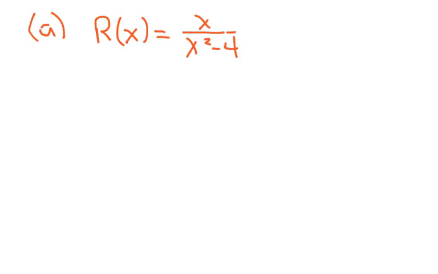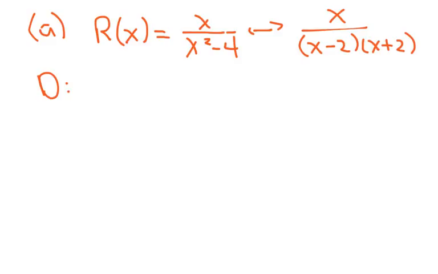Basically all we're doing for vertical, it's very simple, and you've been doing this several times, is we're going to find out what the denominator can't be. So if you factor the denominator for this one, we know for our domain, let's look at our domain.